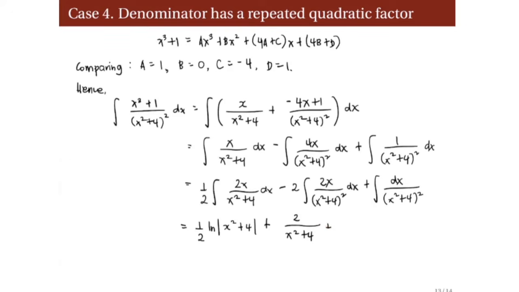We'll have here plus 1 over 16 tangent inverse ng x over 2 plus 1 over 16 times x over square root of x squared plus 4 times 2 over square root ng x squared plus 4 plus the constant c.